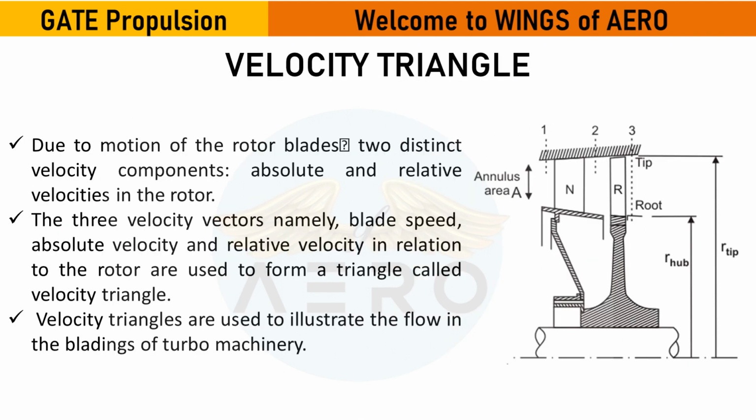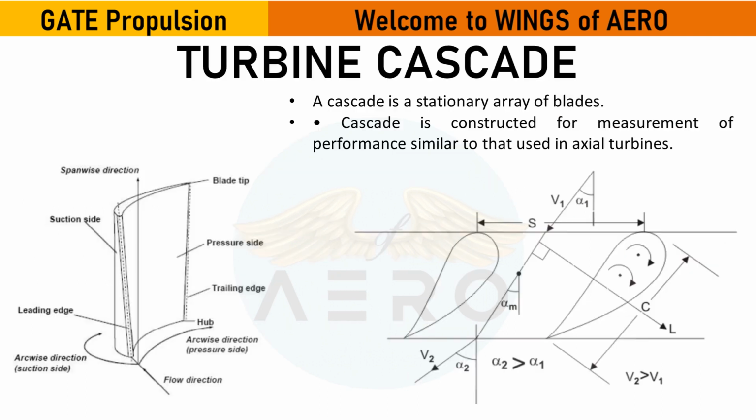Now again coming to the velocity triangle, as the flow is moving, the flow vector will be moving in 3 different forms. The same will be happening here as well: absolute, relative and the tangential one, and obviously there will be a peripheral, and the combination of that will give you the velocity triangle, right?